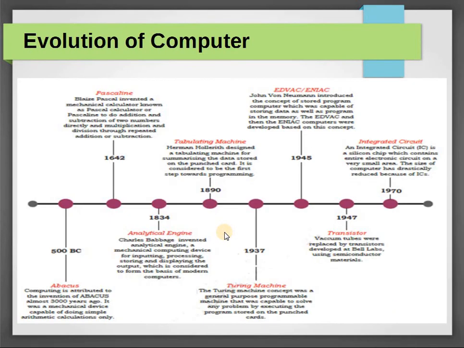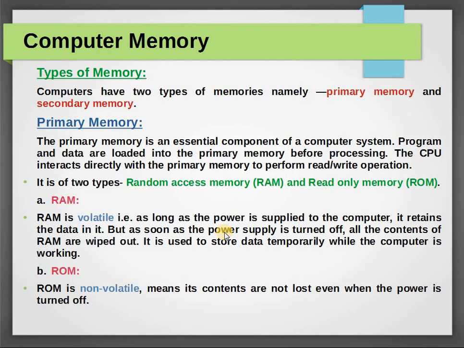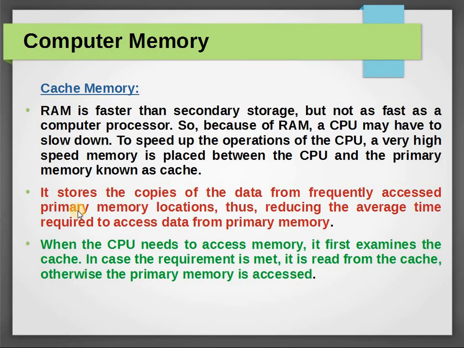Now how does the cache memory perform the faster operation? It stores copies of data from frequently accessed primary memory locations, that is the data which is frequently used.